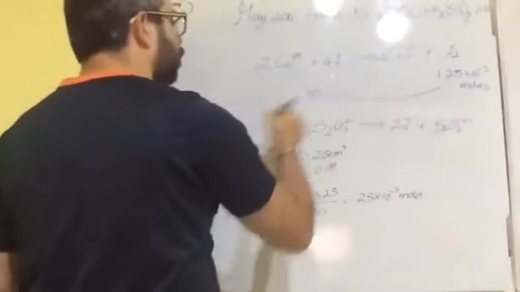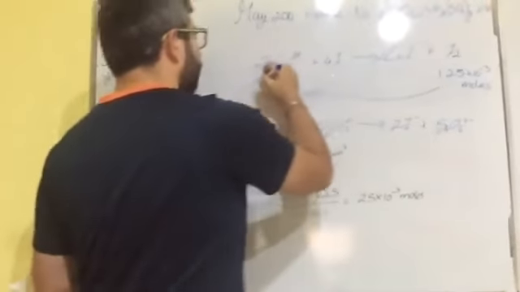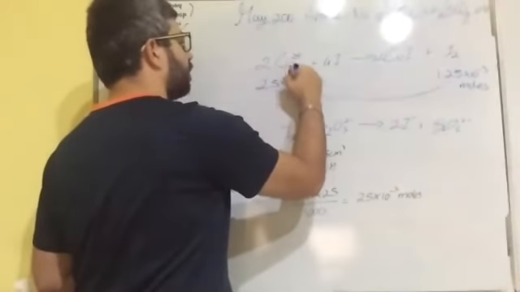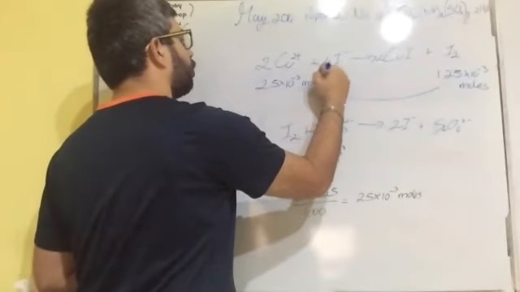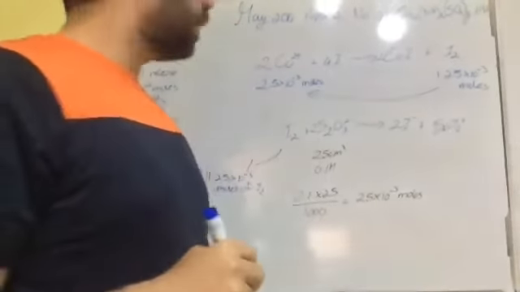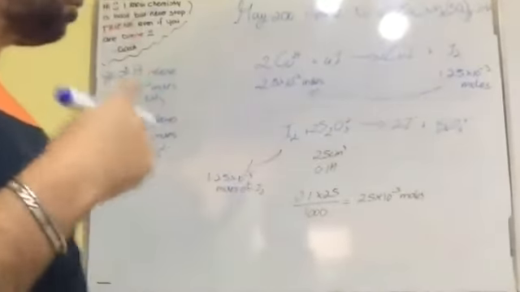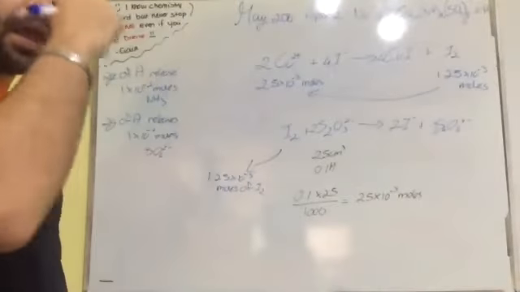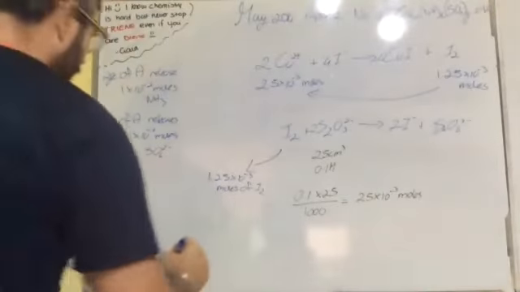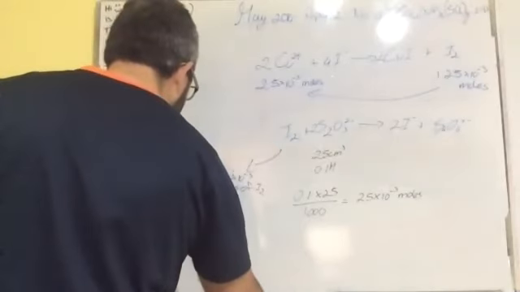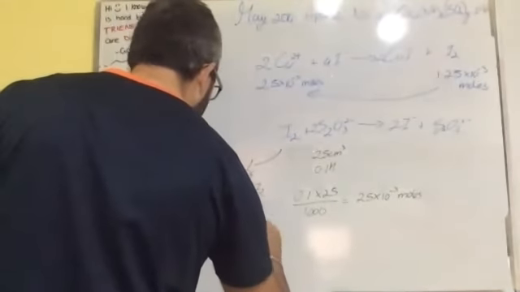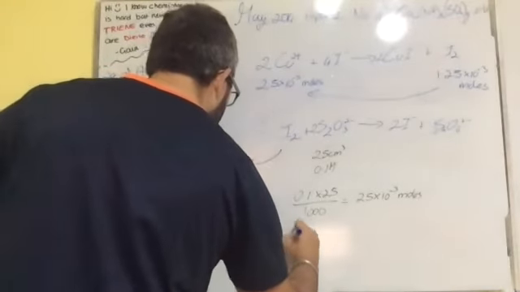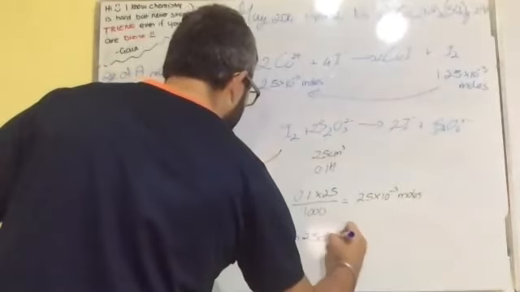And when you relate it to the copper, it's 2:1, therefore copper, you had 2.5 times 10 to the minus 3 moles. But here is where we need to pay attention, because in this instance, you had 25 centimeters cubed taken from 250 centimeters cubed.